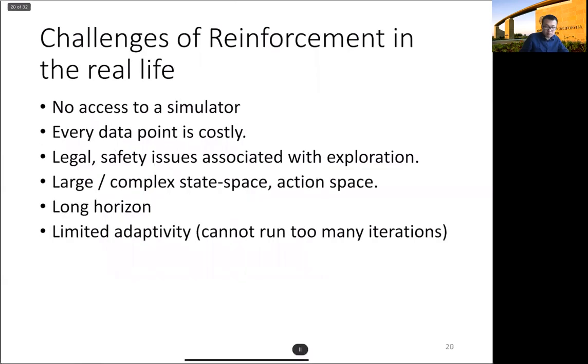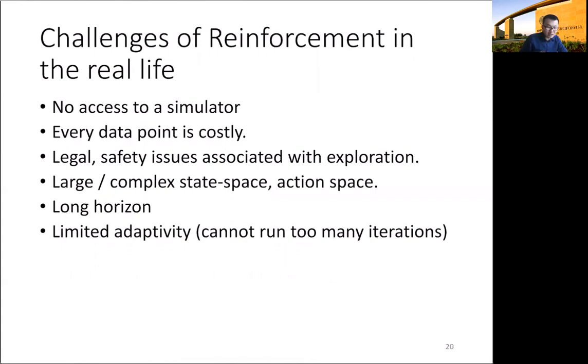So in many real life applications, we don't actually have such online access to the environment. Sometimes we don't even have access to a simulator. Even if we do have a physics-based simulator, sometimes running those simulators can be costly, and efficient approximations of those simulation schemes will result in something that's very far away from reality.